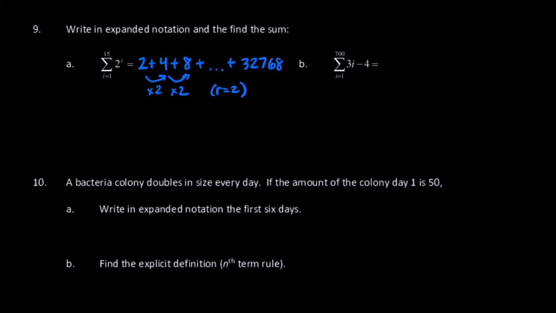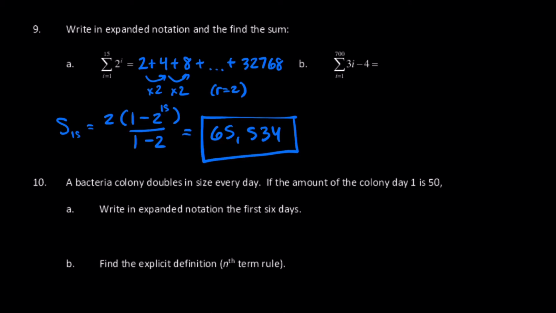So my geometric sum formula for 15 terms: a sub 1, so 2, times 1 minus r, 1 minus 2, to the n, so that'd be the 15th, divided by 1 minus r. And if you throw that into the calculator, you get this large number, 65,534.